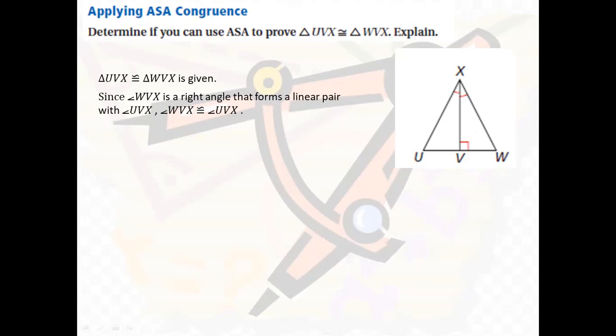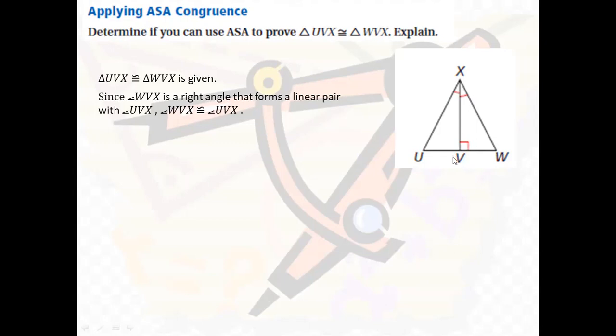So I am saying angle WVX is 90 degrees. That means angle UVX is also 90 degrees, because they are linear angles, a linear pair of angles. Now, why am I referring to UVX?